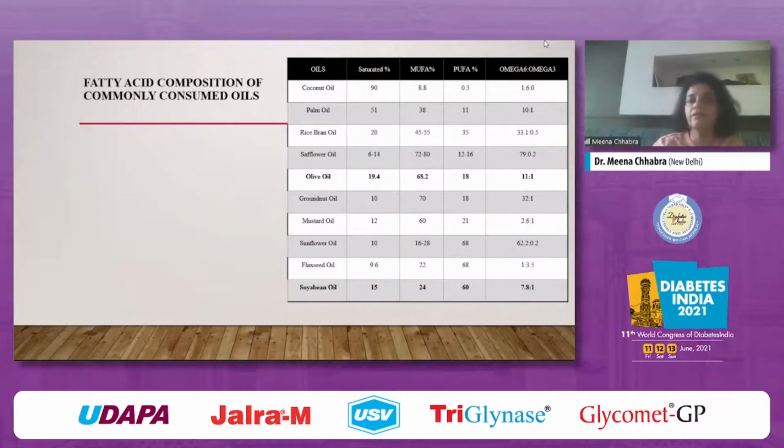And what happened? The fatty acid composition of these commonly consumed oils is important. So it's not what oil you consume, but it is the content of saturated fat, content of monounsaturated fat, content of polyunsaturated fat, and among the polyunsaturated fat, whether the oil has omega-6 or omega-3, and what is the ratio of omega-6 to omega-3.